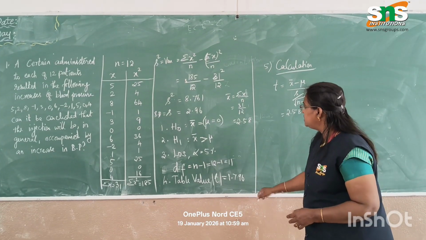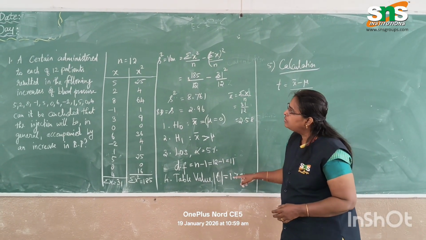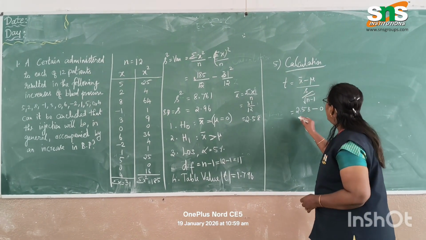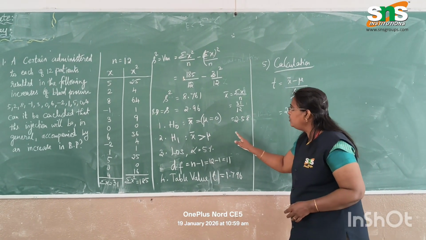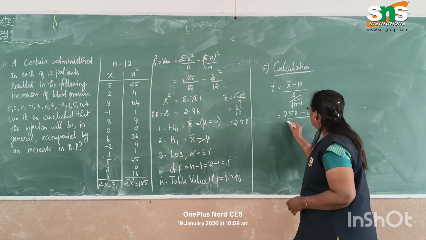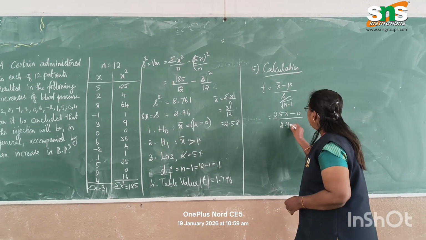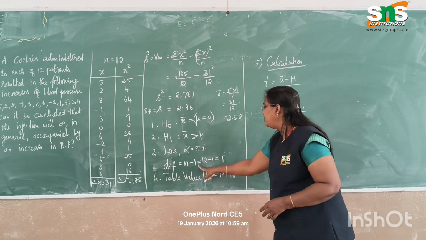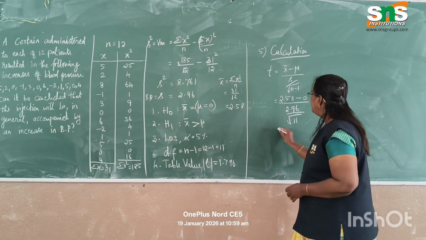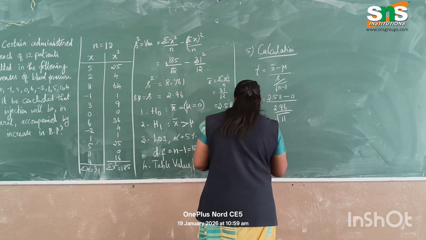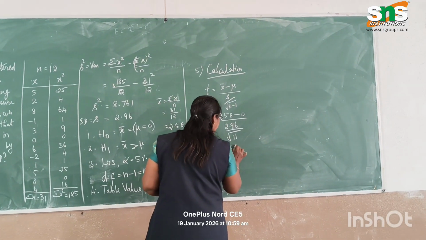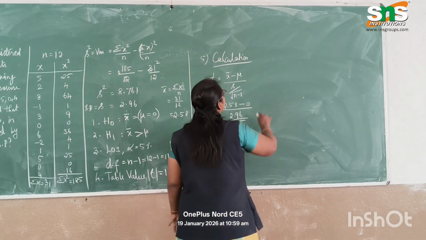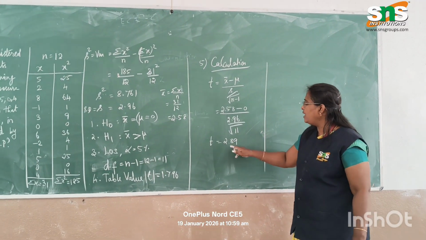The mu value we want to check is 0, that is mu equal to 0, and divided by our s value. The s value was already calculated: 2.96 divided by root of n minus 1. That is n minus 1 means 11, root of 11. So the conclusion for this value is t equal to 2.89. This is the calculated value we got.